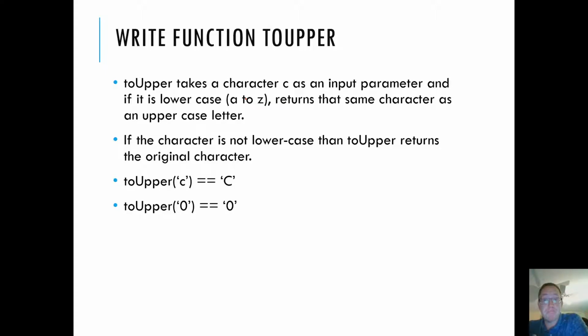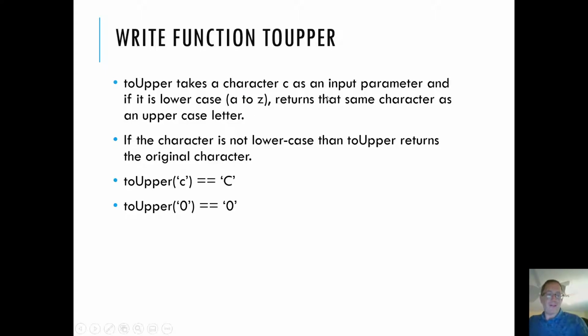If it's uppercase, nothing happens. If it's a number, nothing happens. If it's a tab, nothing happens. Anything but a lowercase character is left alone. But a lowercase character gets converted to the uppercase character. And you won't need a crazy bunch of if statements. You just really need one if statement. So try this out on your own. Pause the video right now. Try this out on your own as a function, and we'll go over an answer.